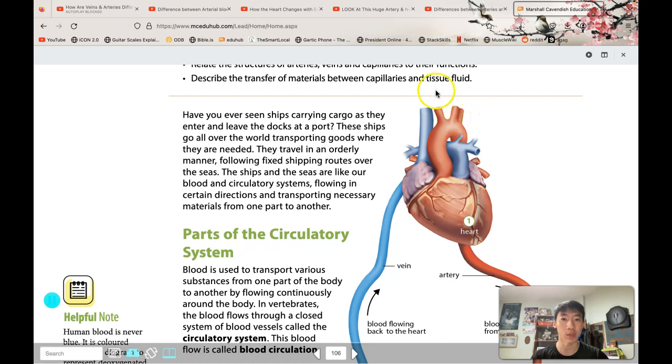Some of it goes up to the head, some of it goes down to the feet, and even a little bit of the blood goes back towards the heart through this thing known as the coronary artery, and it supplies the heart with its own blood flow, enough oxygen and nutrients for the heart to pump and to beat.